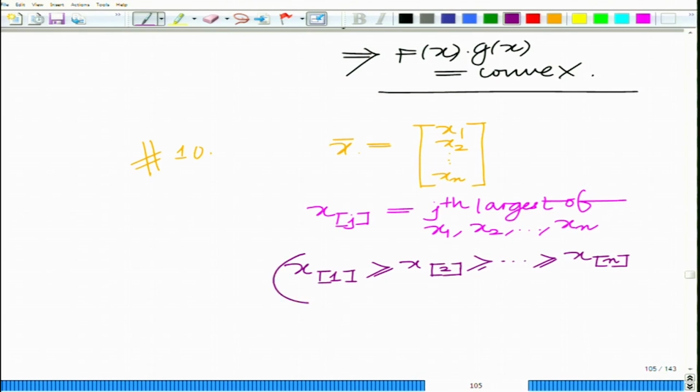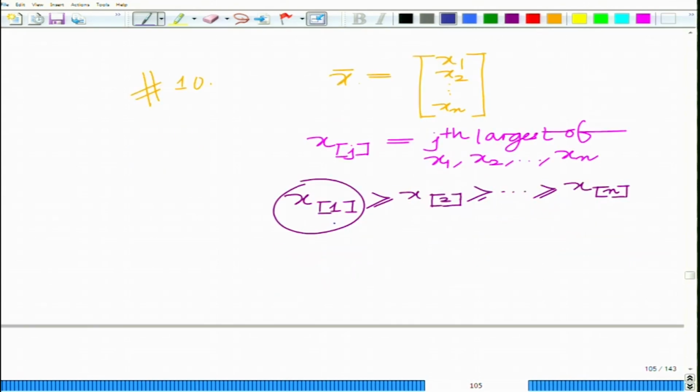So, x subscript square bracket 1 is the maximum or the largest, and x subscript square bracket n is the minimum, and x subscript square bracket j is the jth largest, that is, if you arrange them in descending order, x subscript square bracket 1 is the largest, followed by x subscript square bracket 2 and so on.